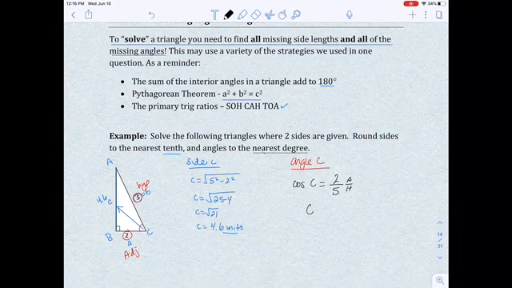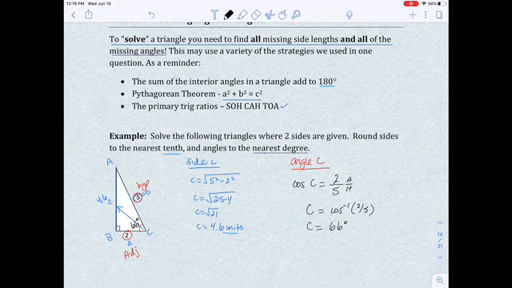And then, of course, to find angle C, whenever we're finding an angle, right, we use the inverse cos of 2 over 5. And therefore, angle C would be 66.4, so 66 degrees. All right, so this is 66 degrees right here.